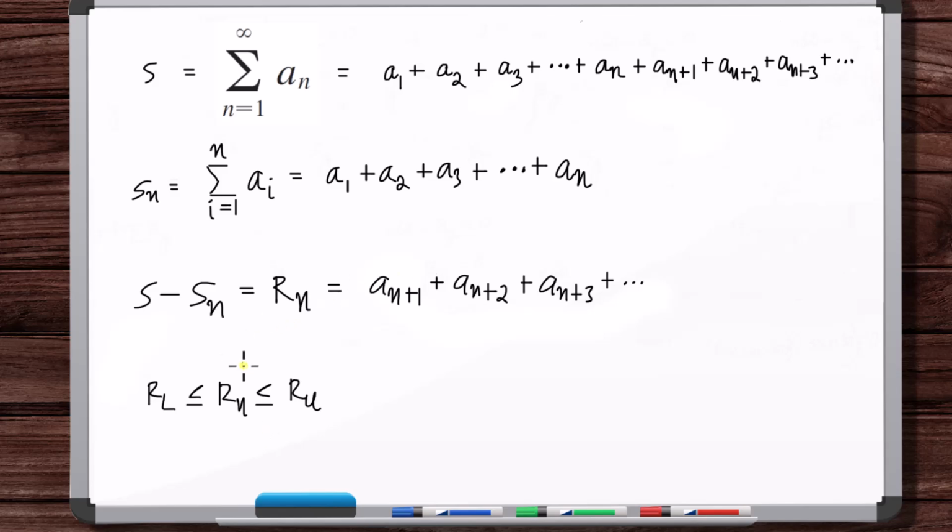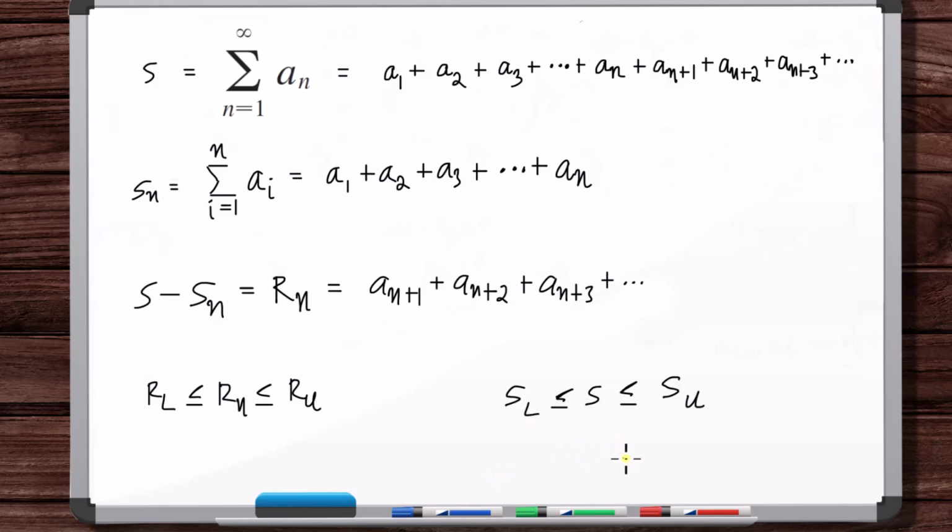Okay, but another way you can look at it, and we're going to see in problems, they talk about how you can improve the accuracy of your partial sum estimate is, okay, if we add S sub n to this entire inequality, so each part gets added S sub n. Well, R sub n plus S sub n is S, right? And so if you add S sub n to each of these, what you get is an upper and lower bound on S, on the actual infinite sum, right?